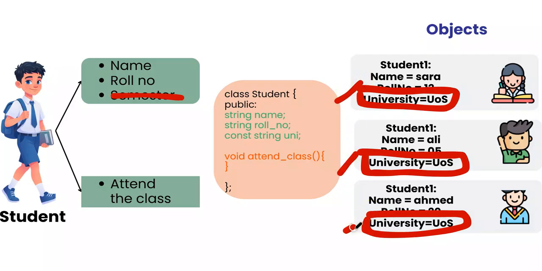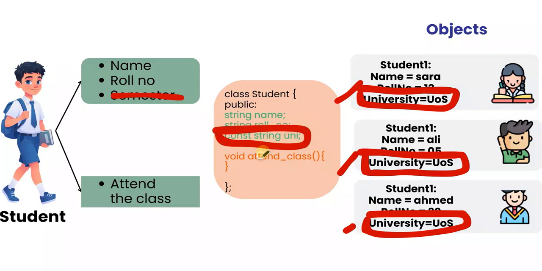And in the case of any mathematical class, if we define the pi or g value, then there we also need their value to be constant, and this shouldn't be changed. For such cases, we use the keyword constant.